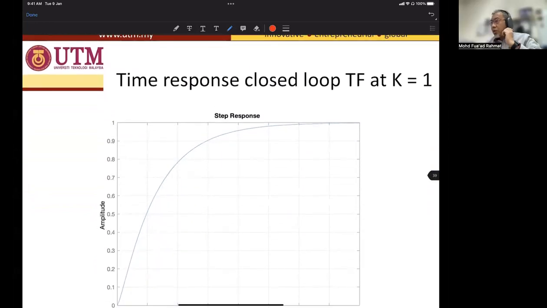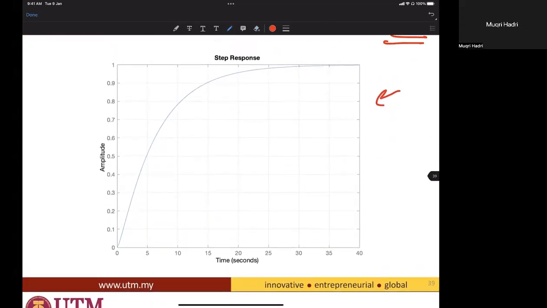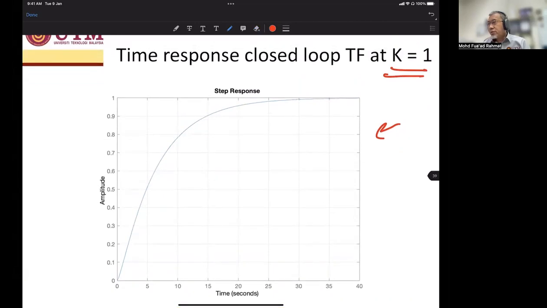The time response for the closed loop at K equal to 1 is given here. Not much can be said about it. It's just a third order system based on the closed loop; time response is always on the closed loop.